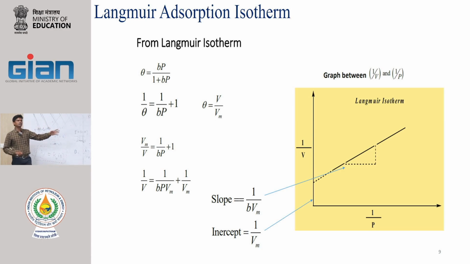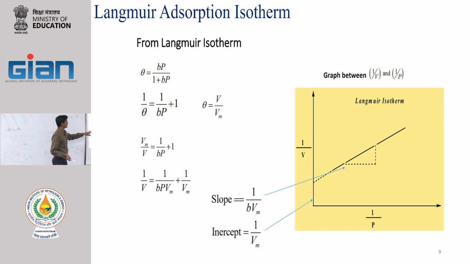But before going to that, whenever we try to fit an isotherm with the Langmuir adsorption isotherm, we readjust things. Theta is V over Vm. Vm is the total monolayer volume and V is the actual volume. We rearrange so that 1 over V is equivalent to 1 over B P Vm plus 1 over Vm, and we plot 1 over V versus 1 over P, like y equals mx plus c form.